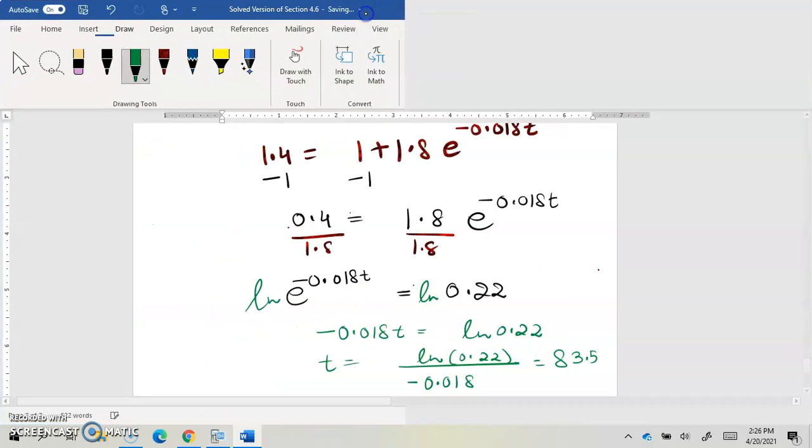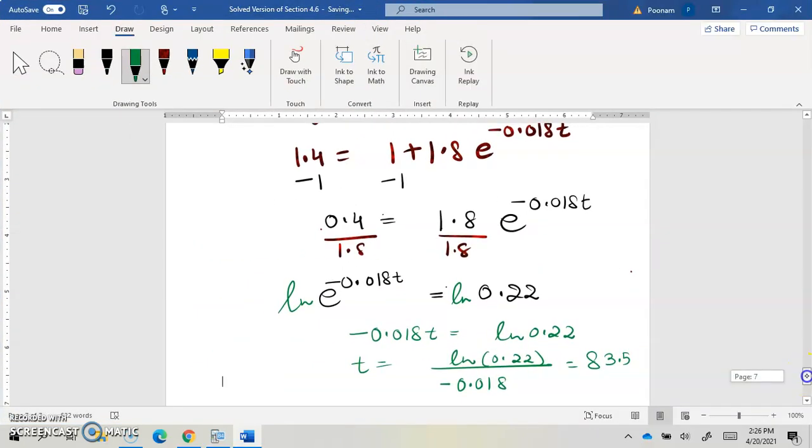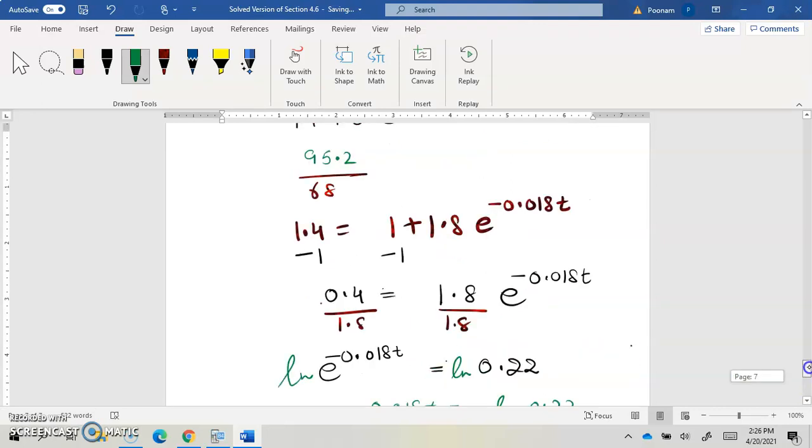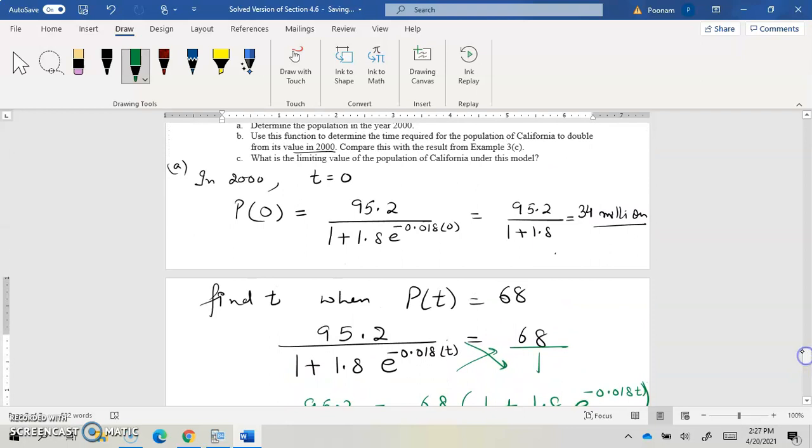So before, remember, it was 75 years. Now we are saying in 83.5 years, the population of California will double itself according to this logistic growth model.